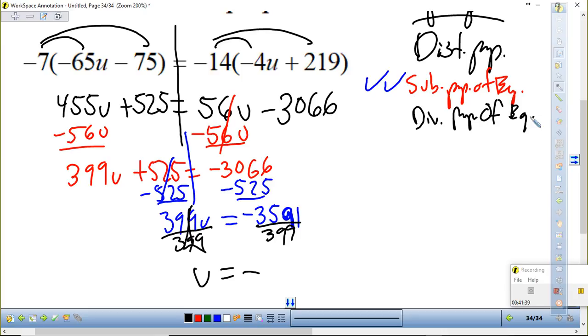Hurry up, please. Who's got it? Rafa, go. -9. Hands if you got that? That is correct.